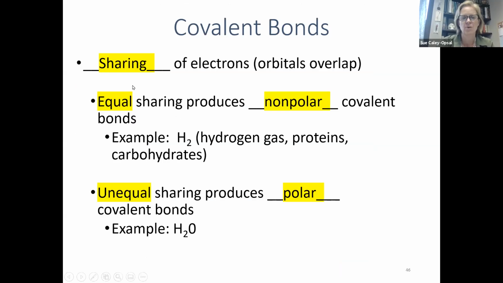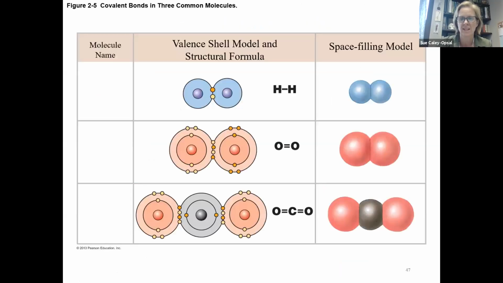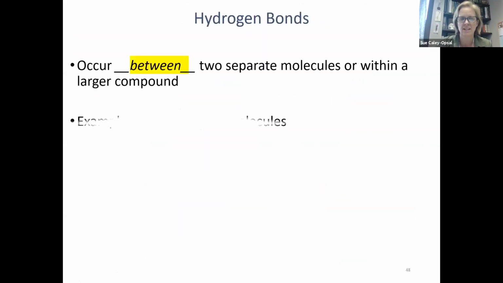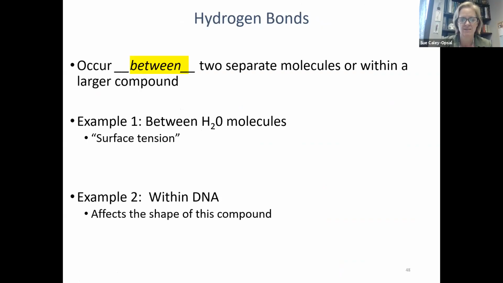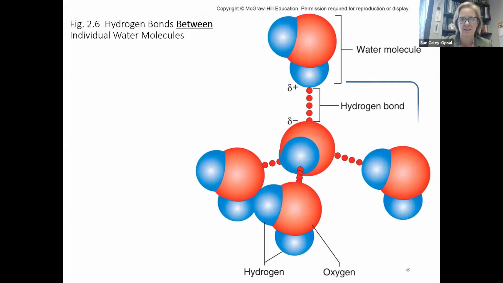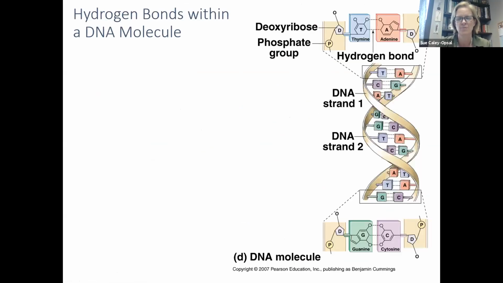Covalent bonds, we said, involve sharing. I am going to skip ahead past the hydrogen bonds. Here's a hydrogen bond between two water molecules. This produces things like the surface tension of water. The other important place we can see hydrogen bonds is where these dashed lines are.